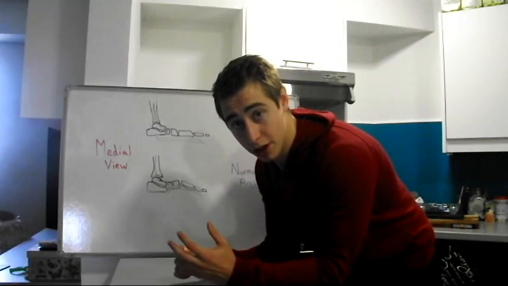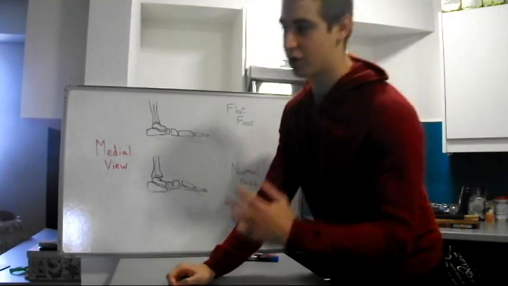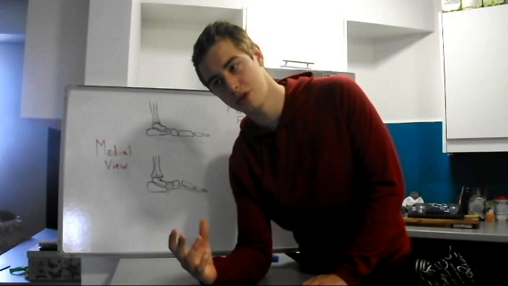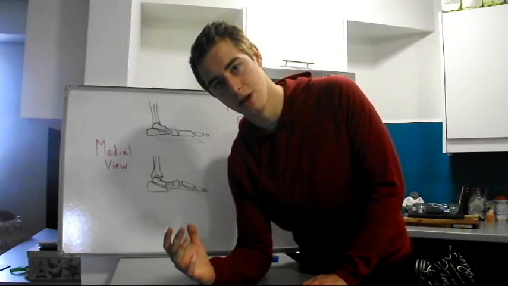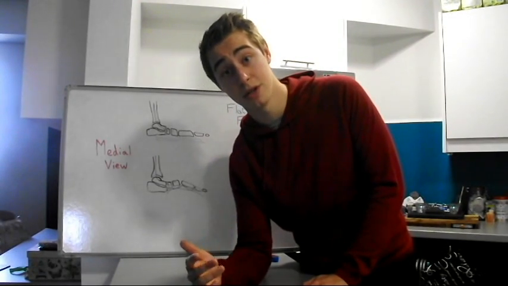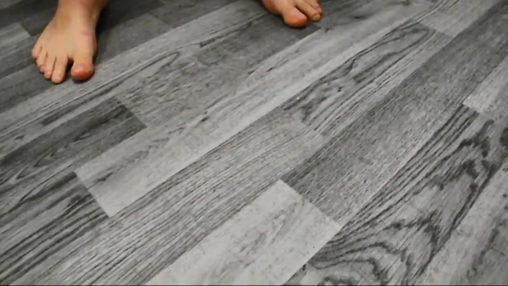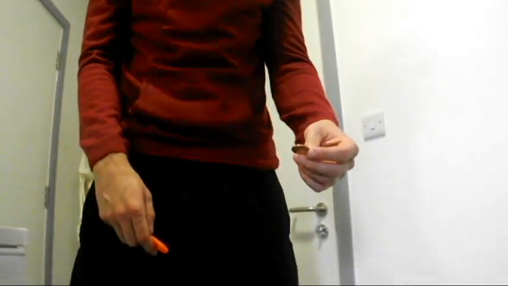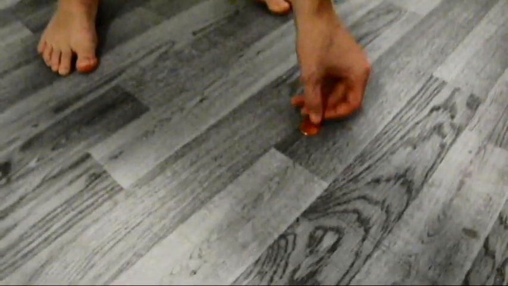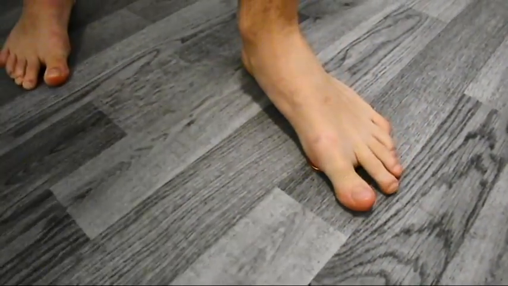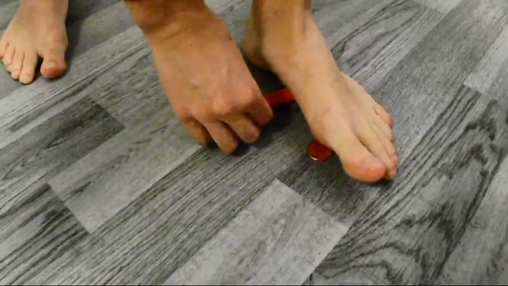The next thing we're going to do is an isometric contraction, which just means no movement of the muscle, just holding it in a static position, which is probably going to help us the most. What we're going to do is put a coin under the head of the first metatarsal, and then a pen sticking out medially towards the base of that metatarsal.